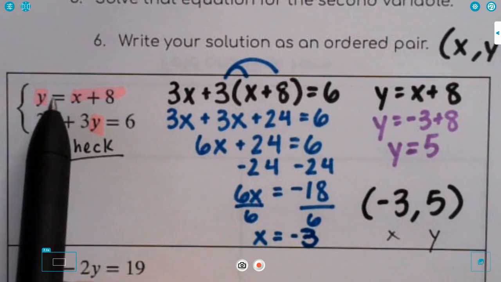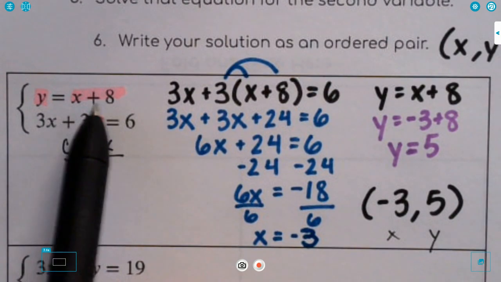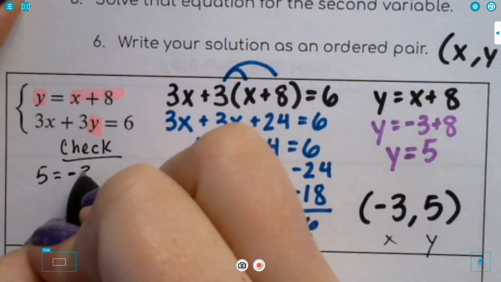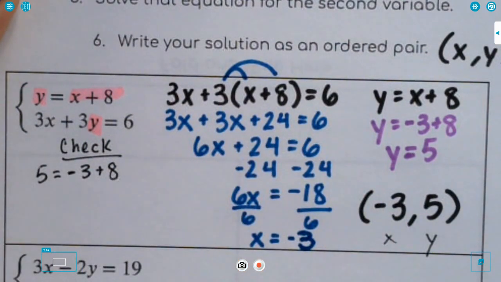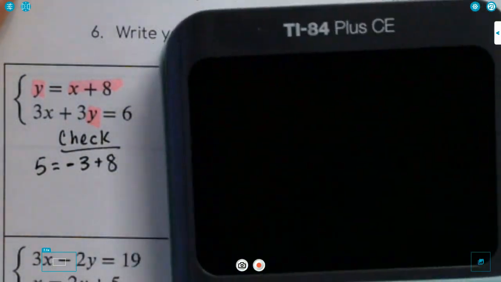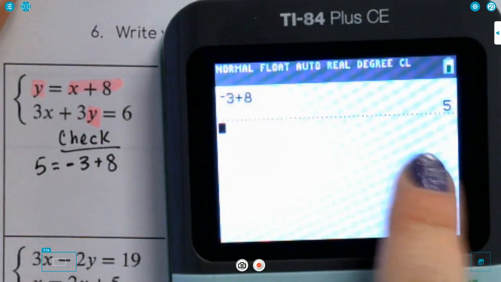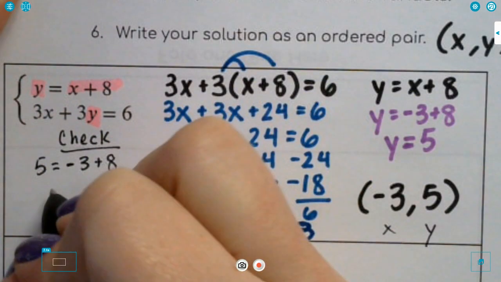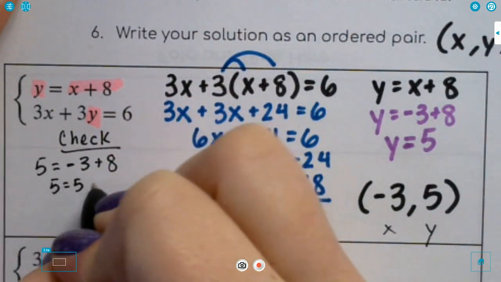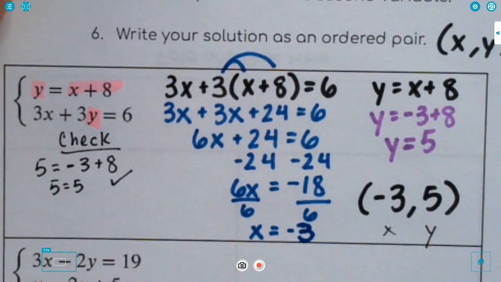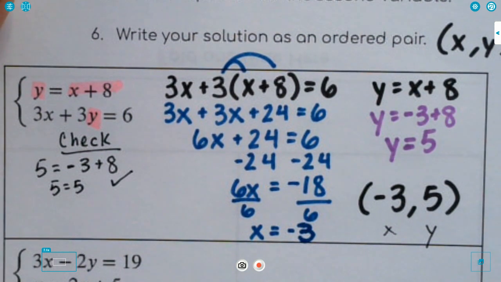So it would be 5 equals x plus 8, so negative 3 plus 8. When I come to do negative 3 plus 8, I get 5, so that one works. And then it would also need to work in my other equation.